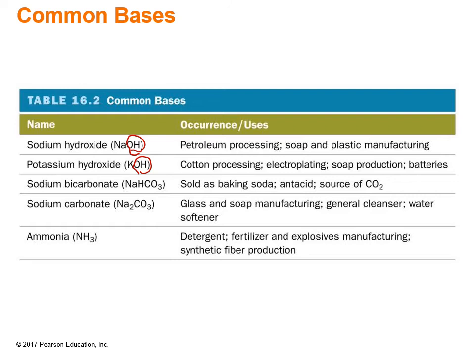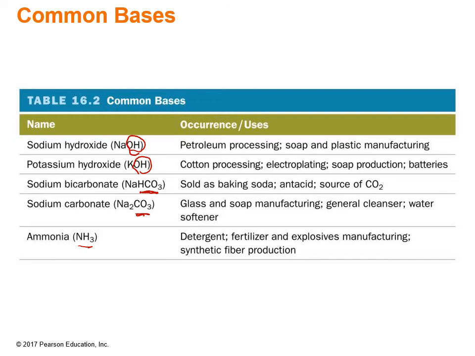We're going to expand our definition just a little bit to include other types of bases. So you'll notice that we no longer have the OH minus present, but sodium bicarbonate, this is baking soda. And so we use this for lots of things like antacids. Sodium carbonate gets used to make glass and soap.